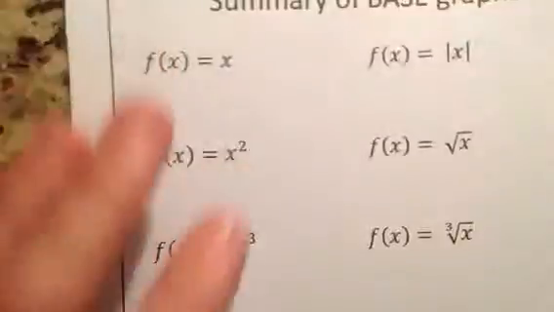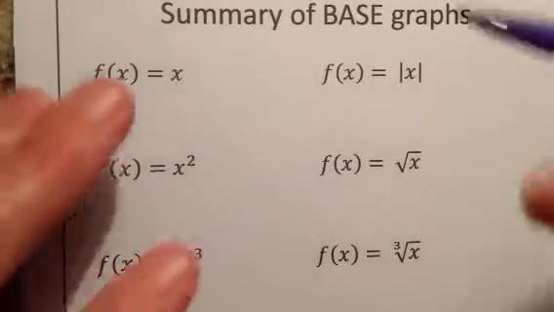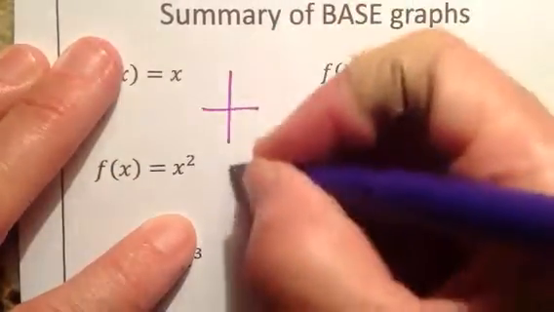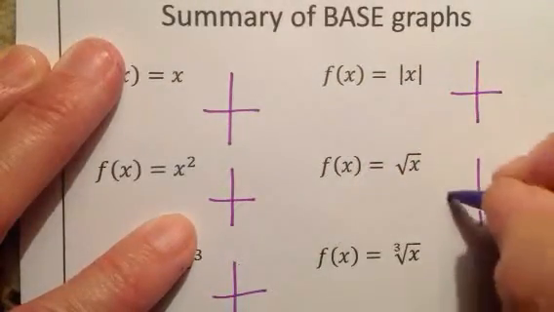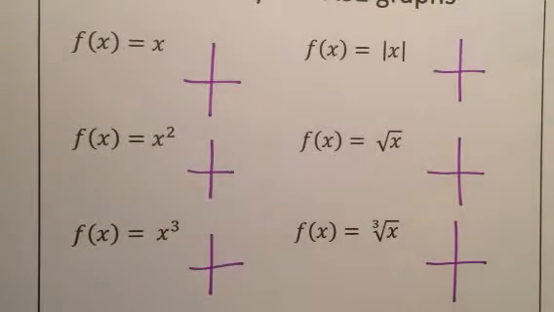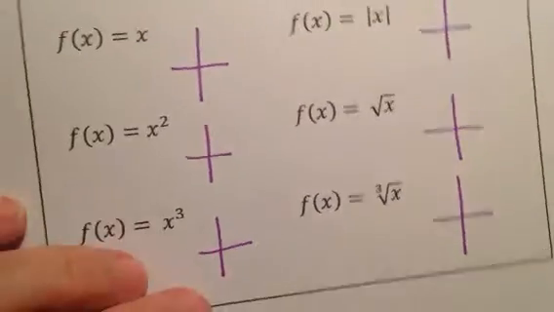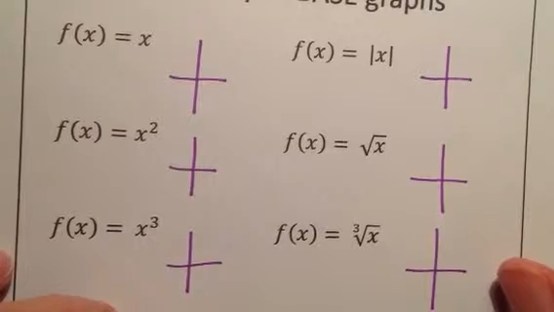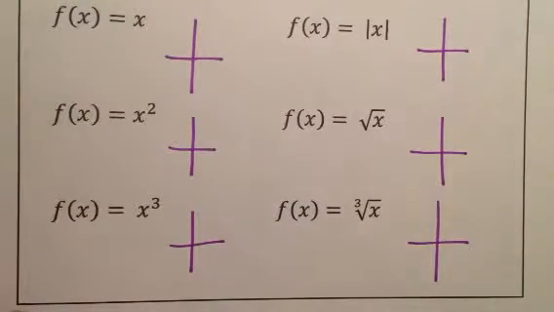Okay. So what I want you to do right now is go ahead and draw yourself just a quick little grid, just a quick little axis for each one of these. And then I want you to stop the video. I want you to promise me you will stop the video, and see if you can draw these graphs from memory, just the basic graph without any shifting. See if you remember what they all look like, and then turn it back on and see if they look like mine, okay?